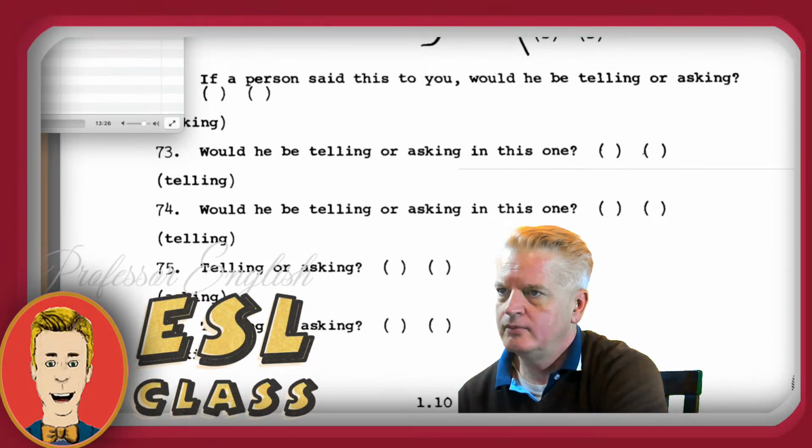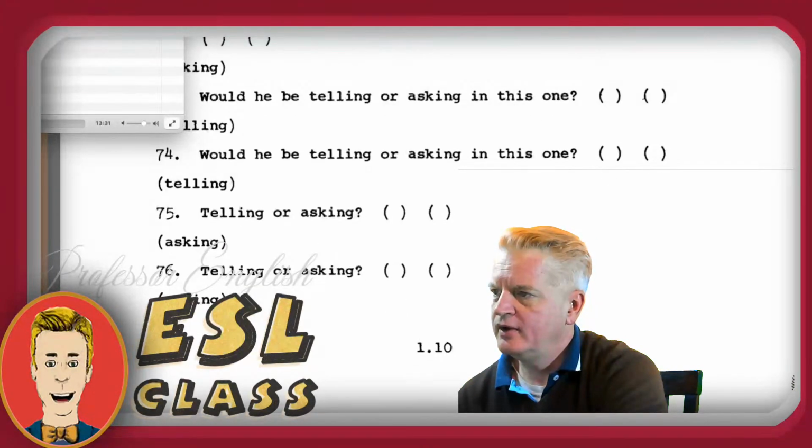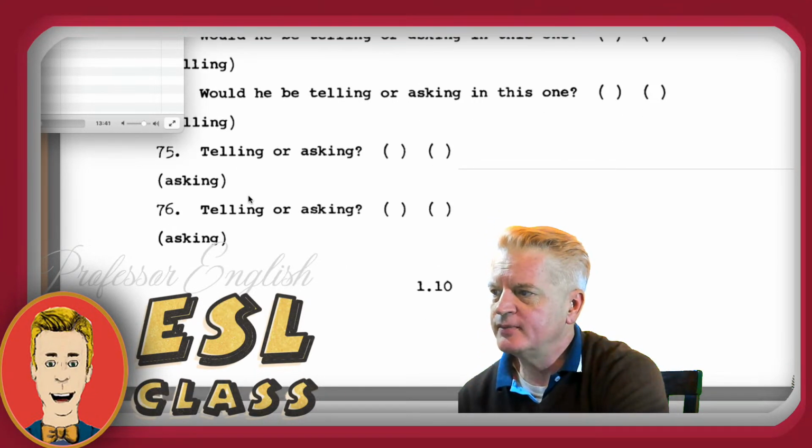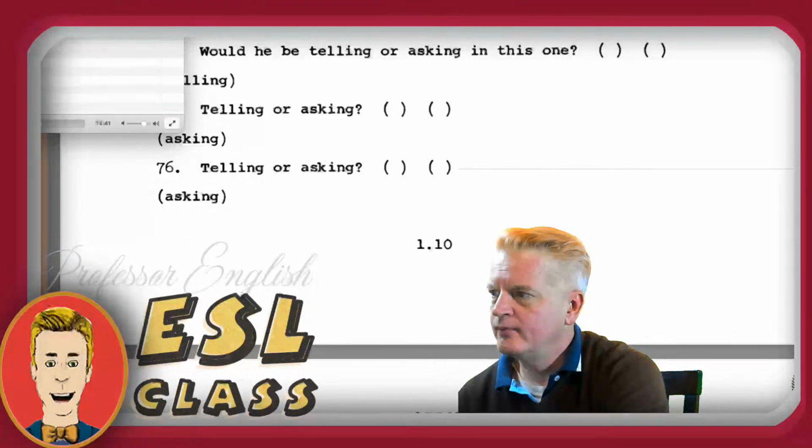74. Der Flughafen ist dort drüben. Telling. Ist das Restaurant auch dort? Asking. 76.